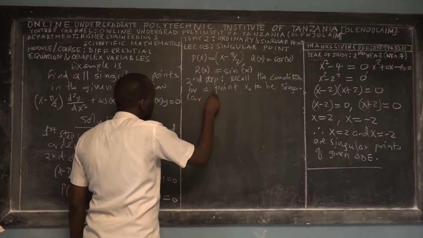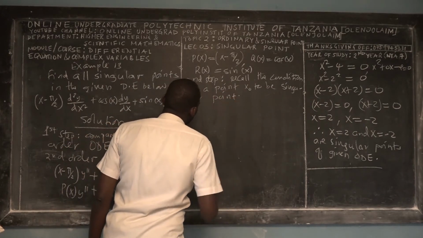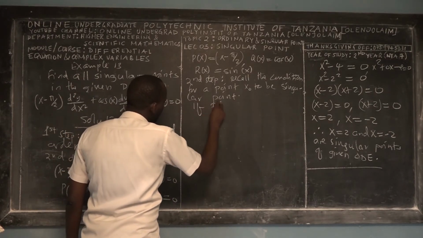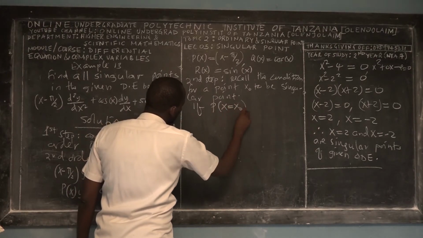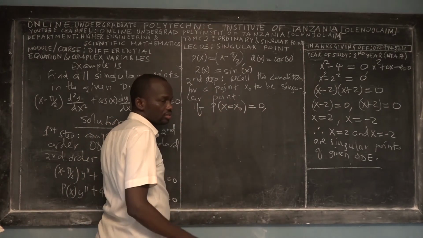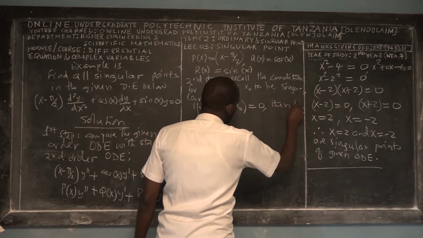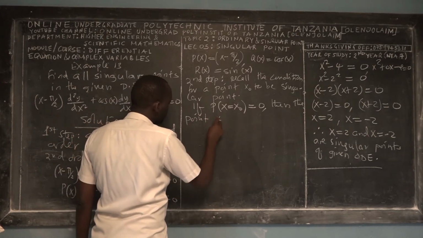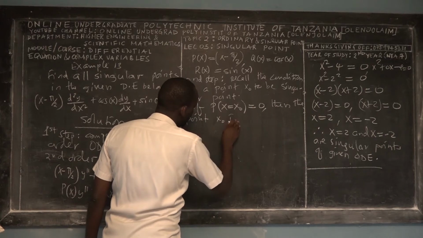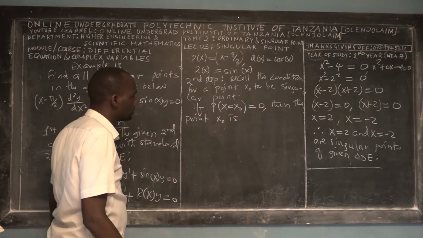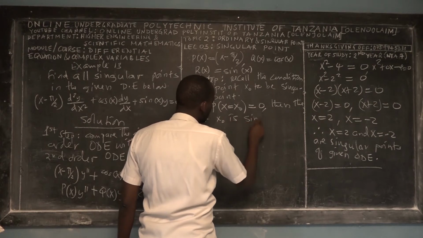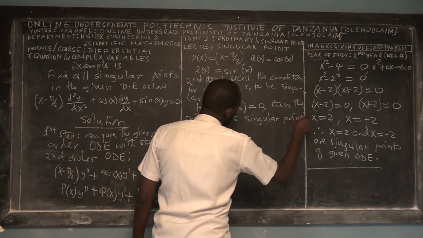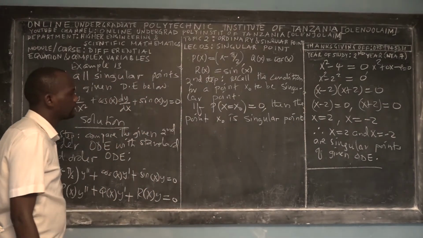We say that if p of x at x equals x naught is equal to 0, then the point x naught is a singular point. So that's the condition.